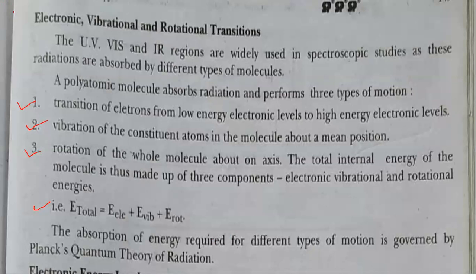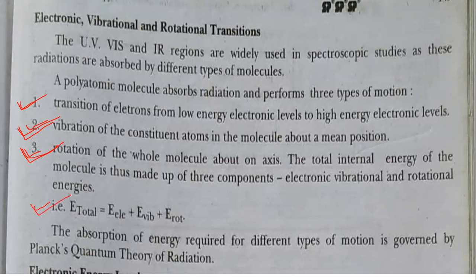Now, what happens when any electromagnetic radiation interacts with the matter of the atom? Either there is a transition of an electron from a lower energy state to a higher energy state, there is a vibration of atoms about their mean position, or there is a rotation of the molecule about its axis.